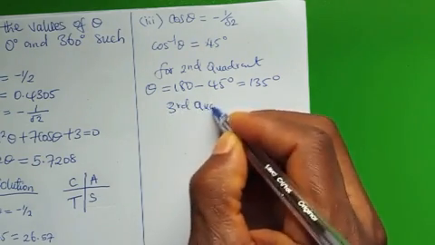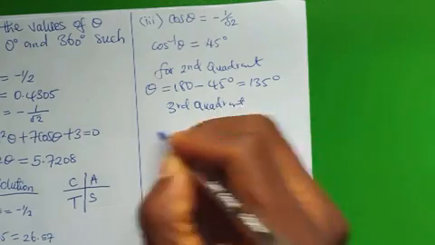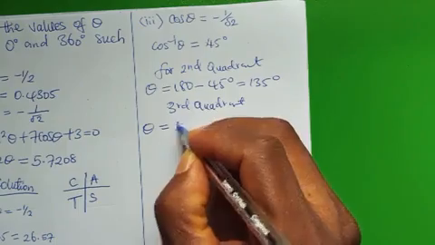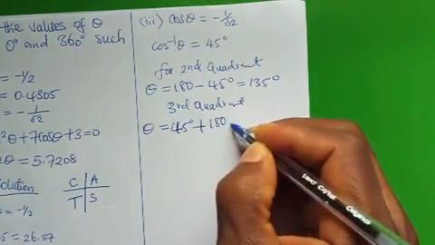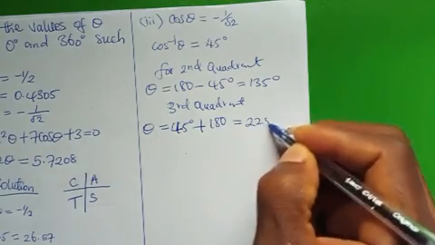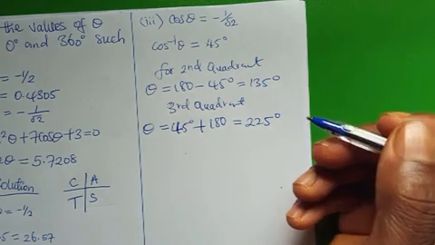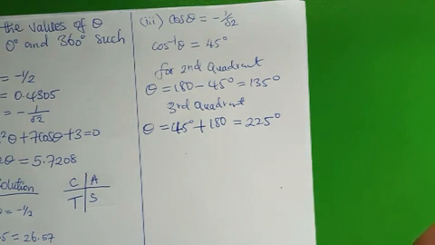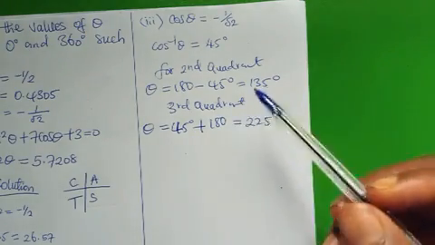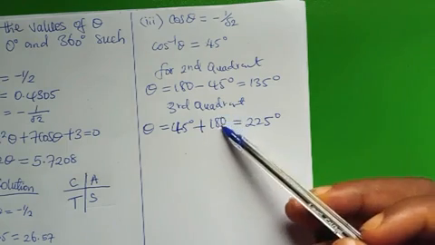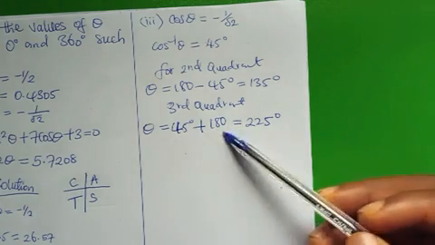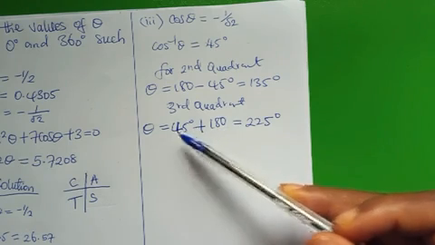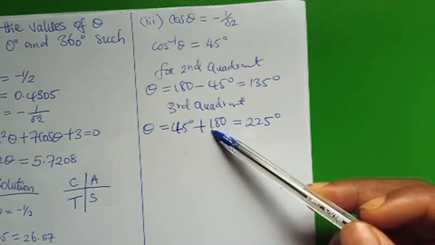So in the third quadrant, you're going to say theta is equal to the 45 degrees you have there plus 180, which is equals to 225 degrees. If you look at this, you actually see that it's not taking the same form like the other quadrants. In other quadrants, all you did was to minus from the bigger value of the quadrant, but this one, you plus your value with 180 degrees.